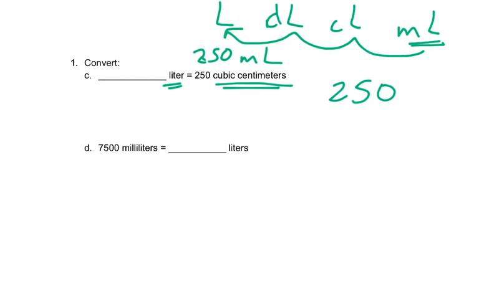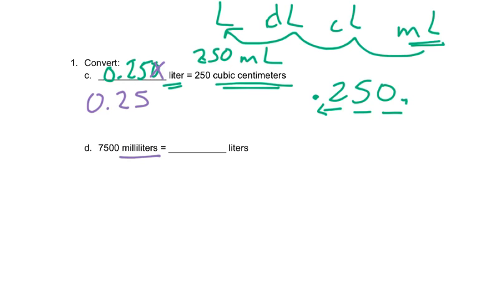So we look at our 250, and that would be 1, 2, 3 spots to the left. So we want our decimal point to end up there. So we end up with 0.250 liters. Now this 0 on the end we don't have to really write. We could just write 0.25 liters.